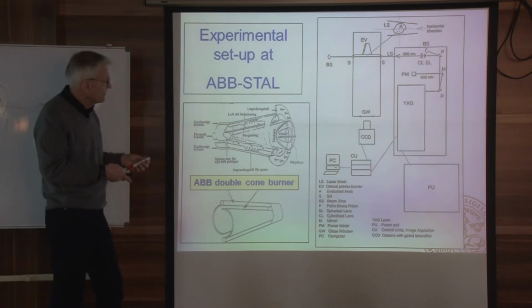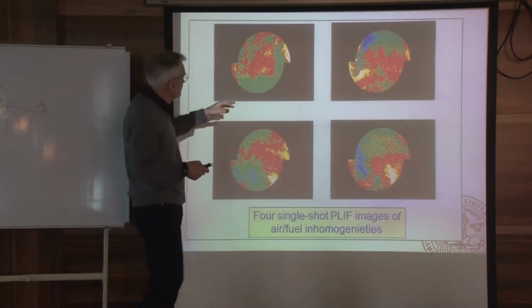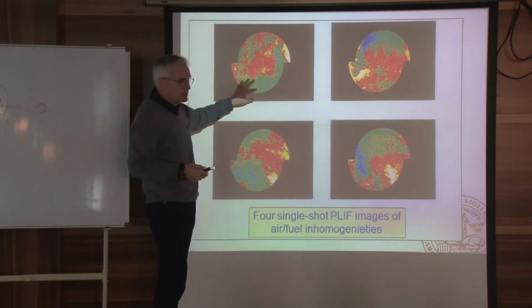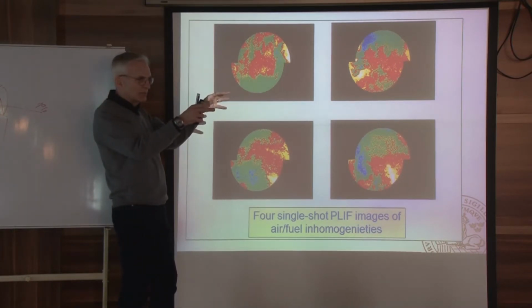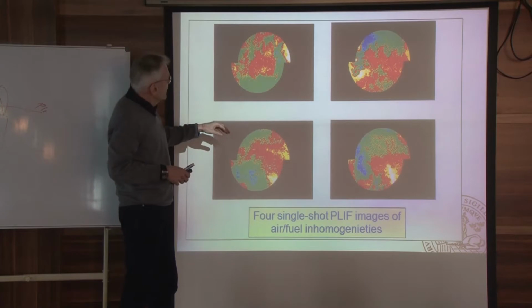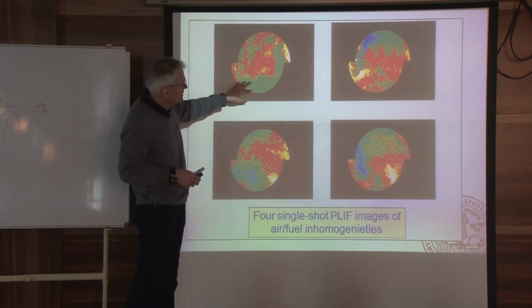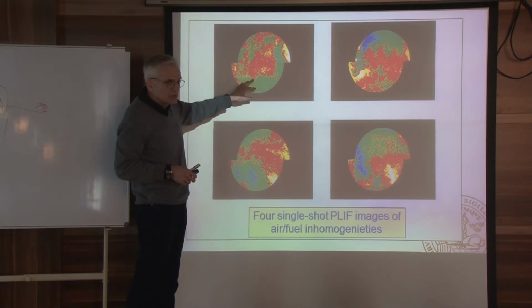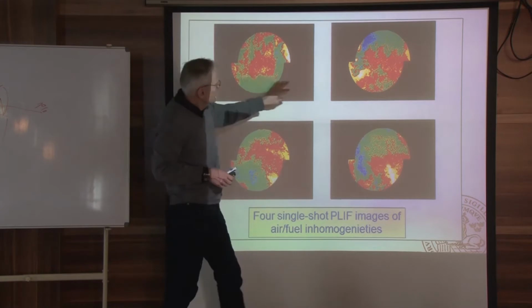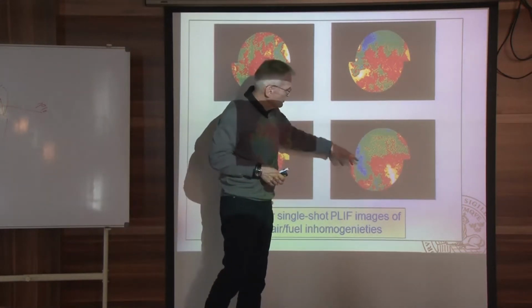Well, that was the aim. And here we could see, these are the images looking straight into the cone. And you could see that I don't think that this is pretty homogeneous at all. These are just different snapshots taken.